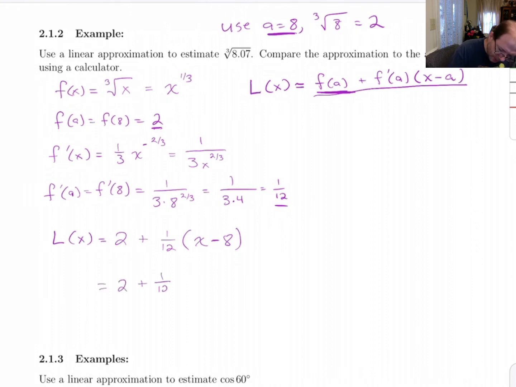That's 1/12 x minus 8/12. Let's see, what is 8/12? Divide them both by 4, you get 2/3. So that's 1/12 x plus, let's see, this is 6/3 minus 2/3, which is 4/3.